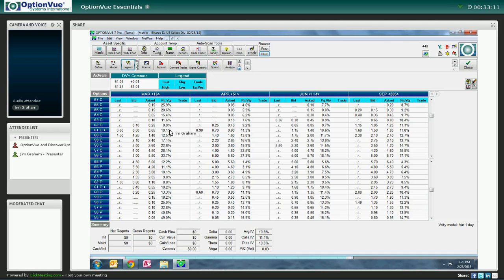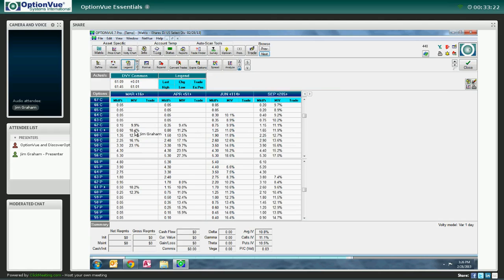Now the projected volatility is similar to the MIV. So notice this at the money March is 10.1. Let me go back to my first one, and notice the MIV is 10.4. And you might wonder why I even show that projected volatility rather than MIV.